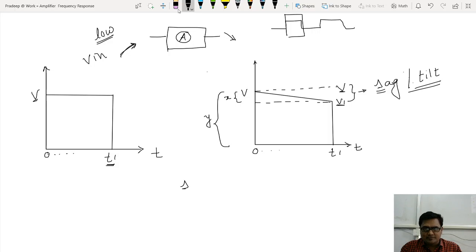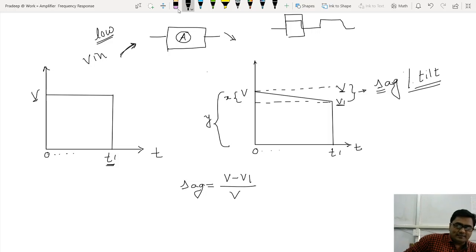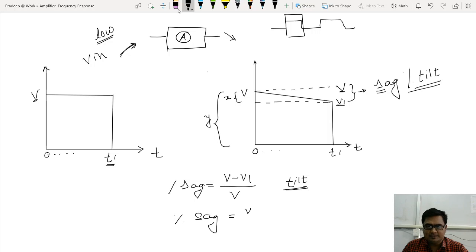Let me write the equation: sag is equal to (V minus V1) divided by V. This is called sag, or alternatively tilt. If you want percentage sag, just multiply by 100 and you will get it.